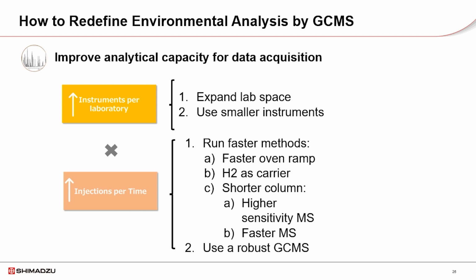You can achieve that by running faster methods, and you showed us how using shorter columns is a perfect solution for that. And you also mentioned the use of robust GCMSs, so you don't need to spend so much time on maintenance, and you can keep on running samples.